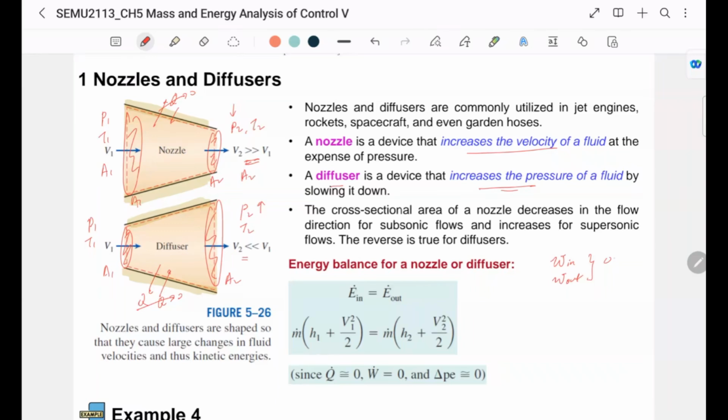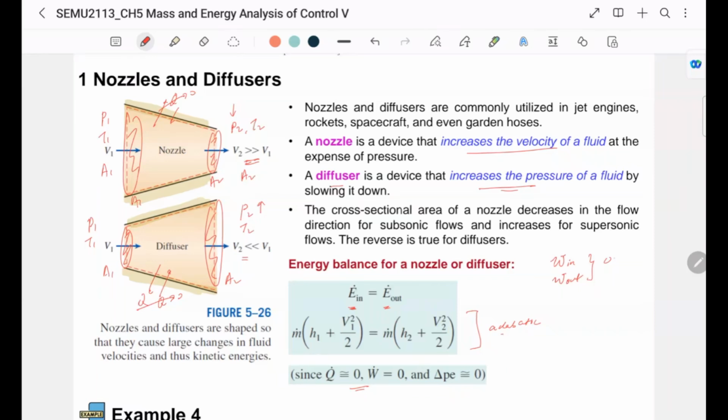When there is no heat transfer, then the equation really reduces to this only. The energy exchange throughout the nozzle and diffuser is really just because of the mass itself, if it's an adiabatic nozzle and diffuser.